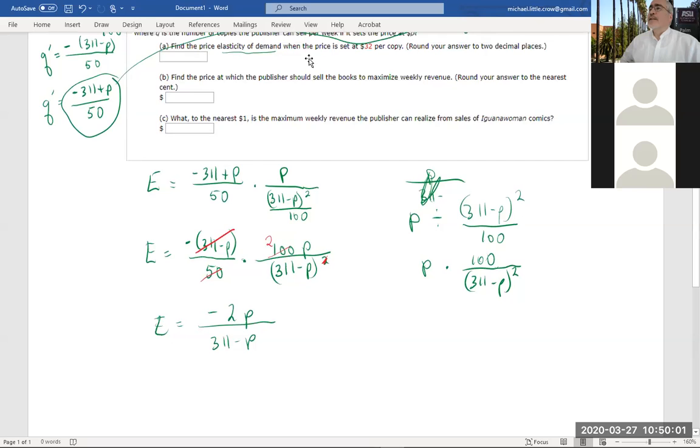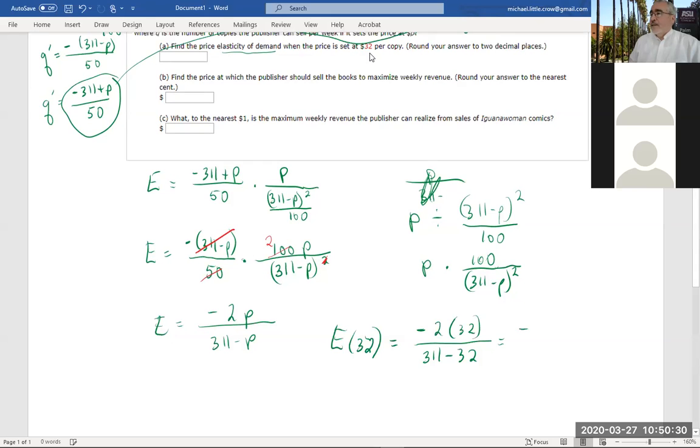So that's our elasticity of demand function. And what happens when we set the price at $32? Well, now we just plug in 32 for p. So we get minus 2p, 2 times 32, over 311 minus 32.